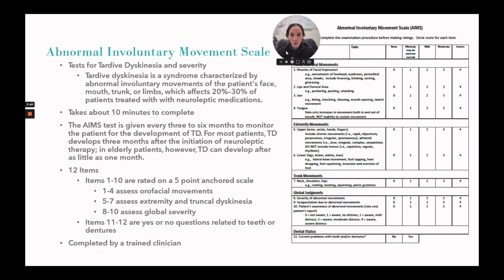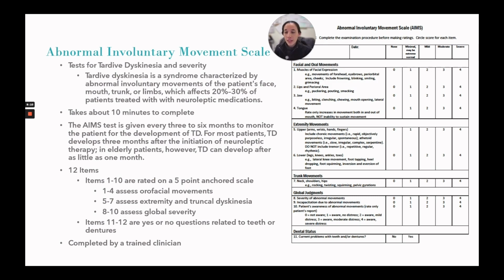All right, so this is called the Abnormal Involuntary Movement Scale. This is something that providers do. So psychiatrists, nurse practitioners, they will do this test. But it's important for us to know what it is, to know what we're looking for when we're looking for these side effects.